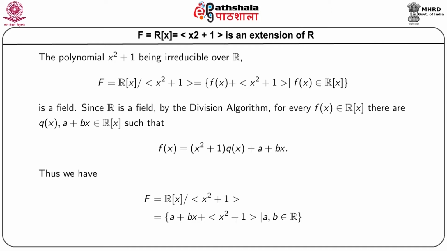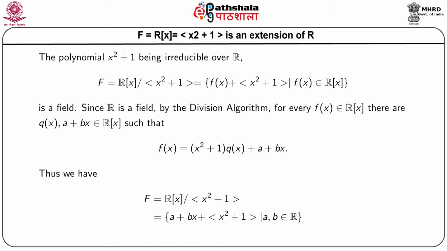Since R is a field, by the division algorithm for every f(x) in R[x], we have some q(x) and a plus bx in R[x] such that f(x) is equal to (x square plus 1) q(x) plus a plus bx. Hence f(x) minus (a plus bx) belongs to the ideal generated by x square plus 1, which shows that the element f(x) plus the ideal is identical with the element a plus bx plus the ideal.